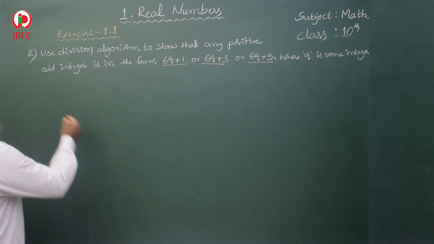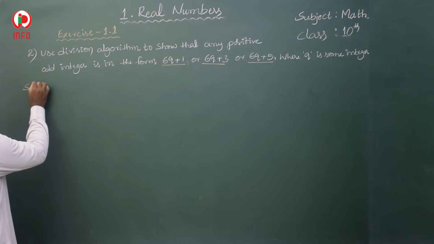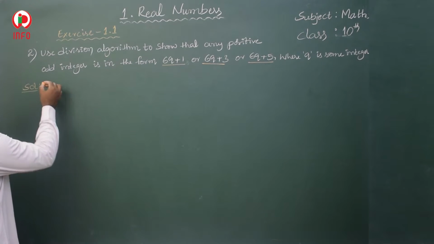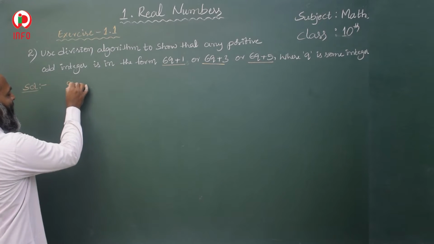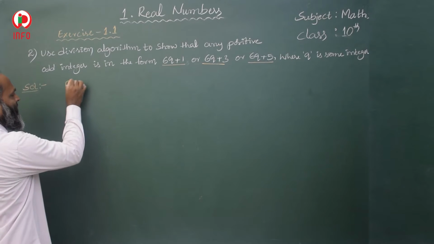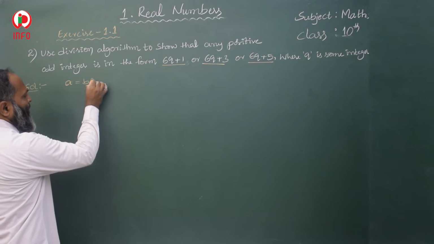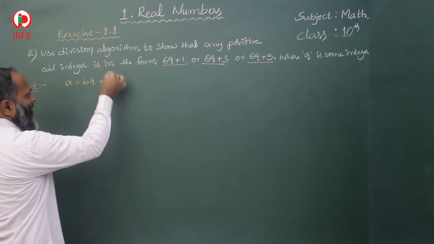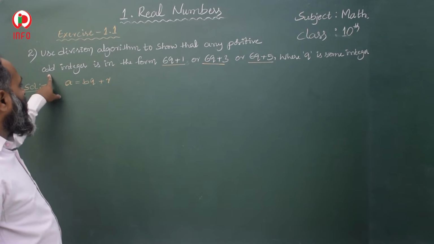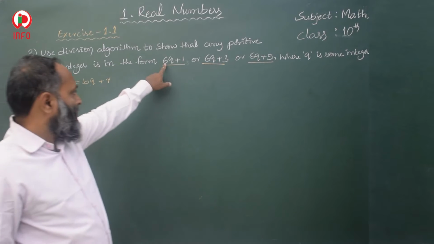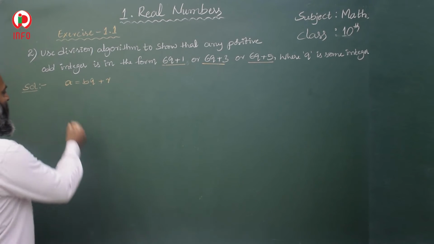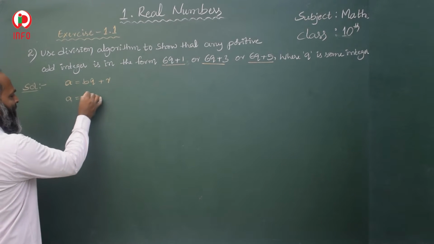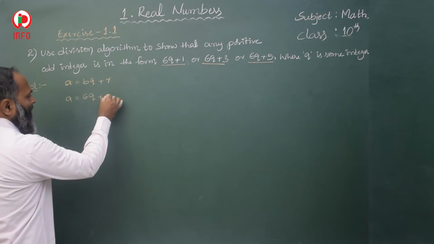Now in the solution, according to Euclid's division, a is equal to bq plus r. When I take b as 6, then a is equal to 6q plus r.